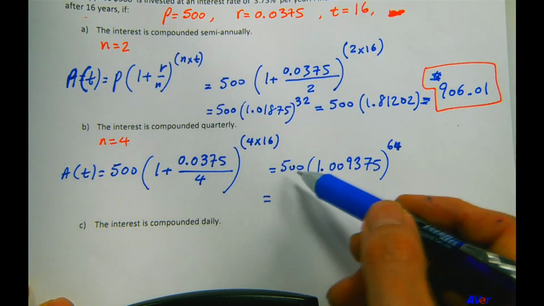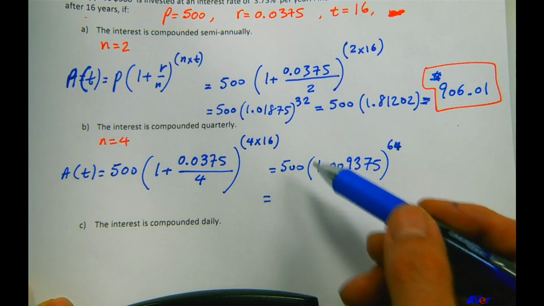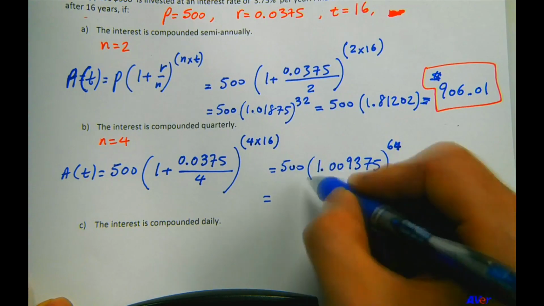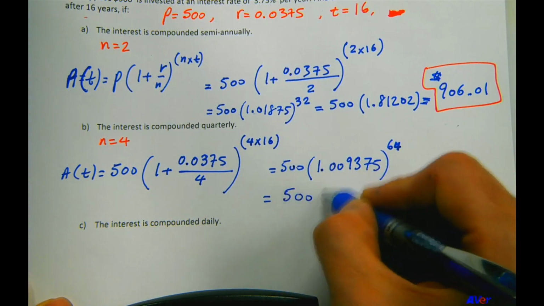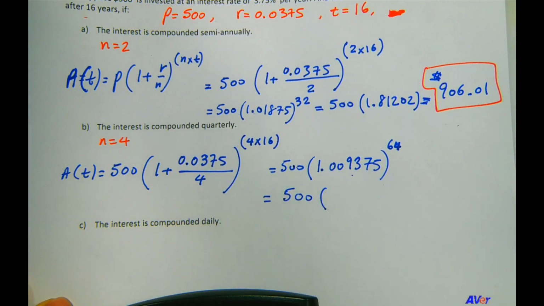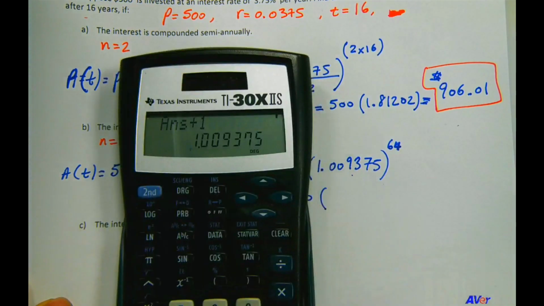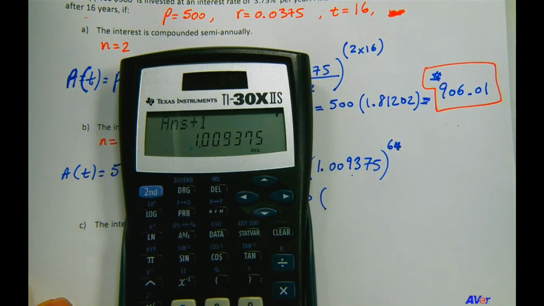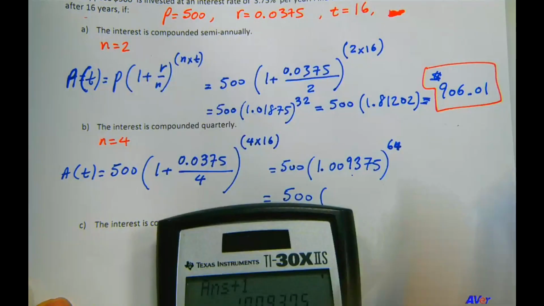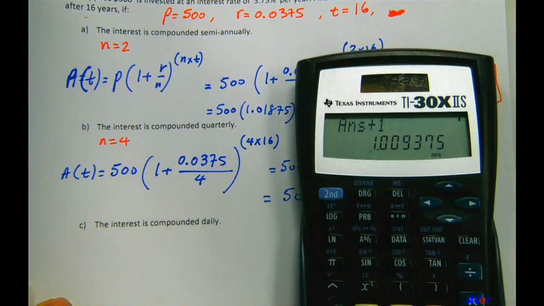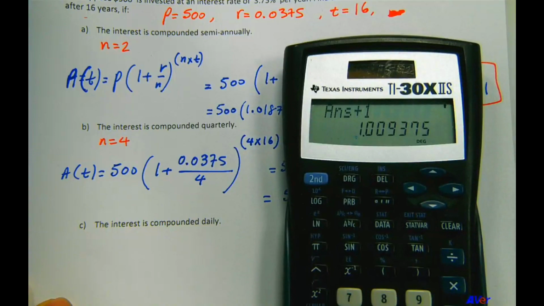That's observing order of operations, right? Basic arithmetic. So 500 times, I'm going to raise, I haven't erased it, it's still on my calculator. I'm going to raise that number to power 64, right? Let's do that. So raised to power 64.